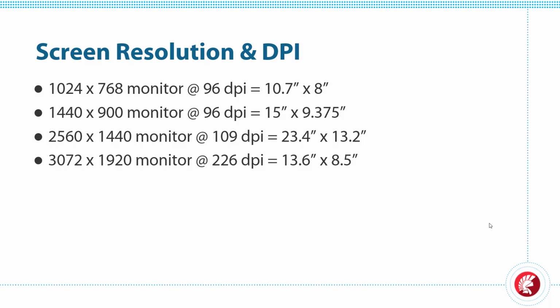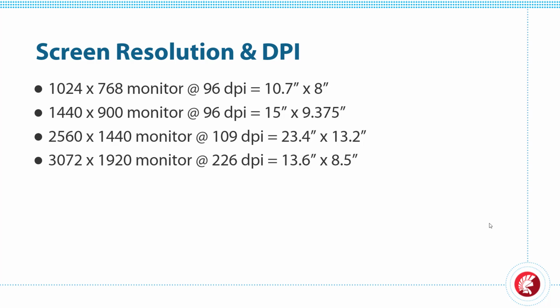When we start getting into higher resolution displays in smaller form factors, that's really when we start talking about increased DPI. On my laptop, which I'm running this on with the external monitor, my laptop runs at 3072 by 1920 natively. I can actually scale that up because I'm running a Mac laptop with Windows inside of Parallels.